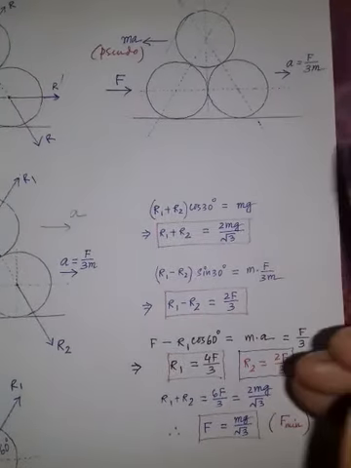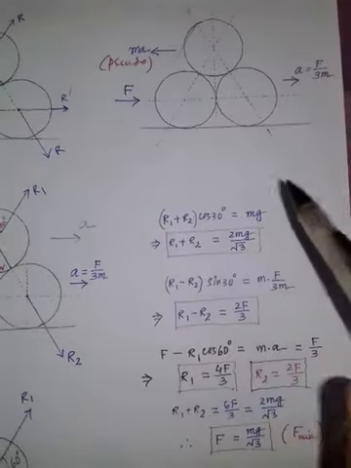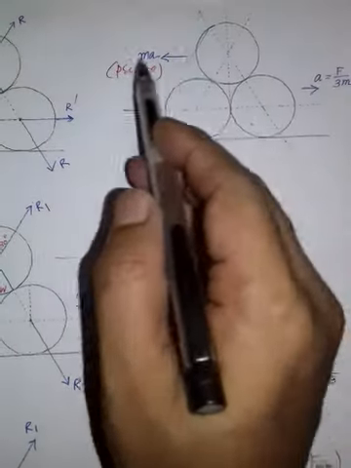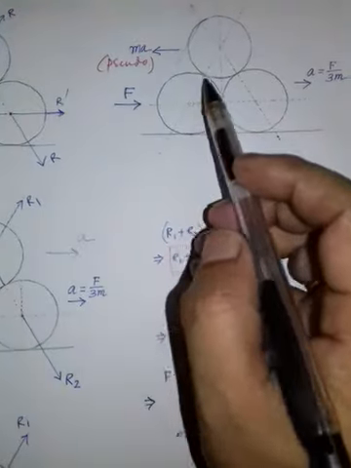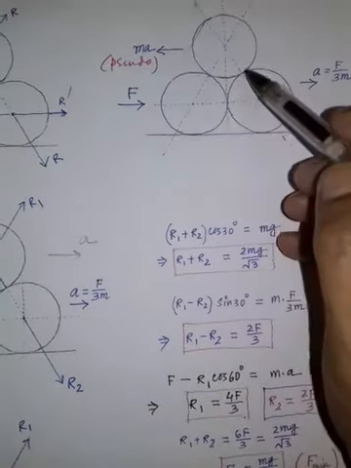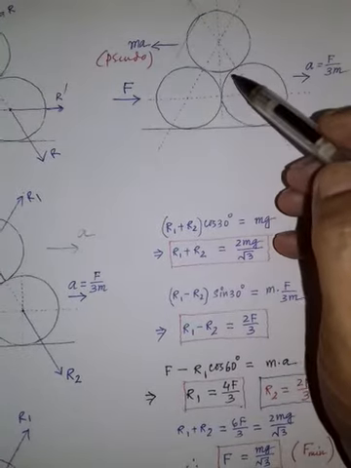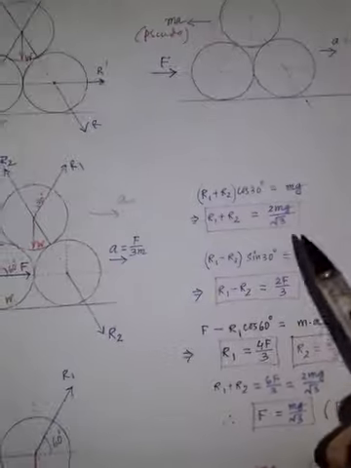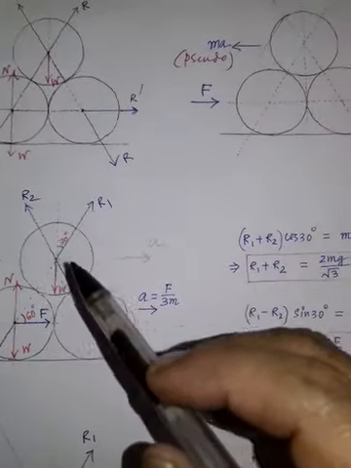What will happen if we increase this force further? If we increase this force further, this pseudo force will also increase, and as a result, this pseudo force will make this contact detached. At that moment, this reaction force R2 will be absent.